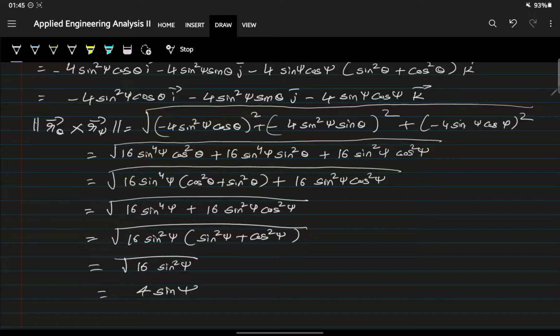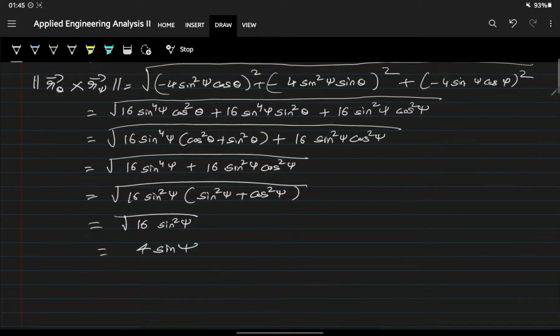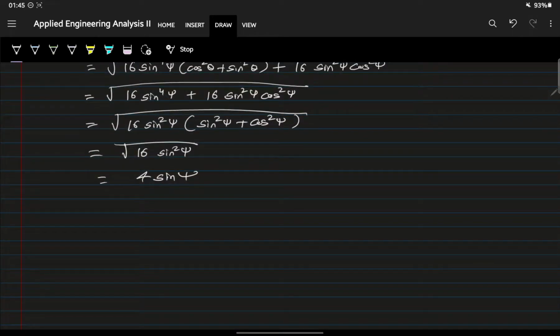If we take 16 sine power 4 phi as common, we get cos square theta plus sine square theta, which is 1, and then which reduces to 16 sine power 4 phi plus 16 sine square phi cos square phi. If we take 16 sine square phi as common, then we can reduce this equation further down to 16 sine square phi, so the entire magnitude is 4 times sine phi.